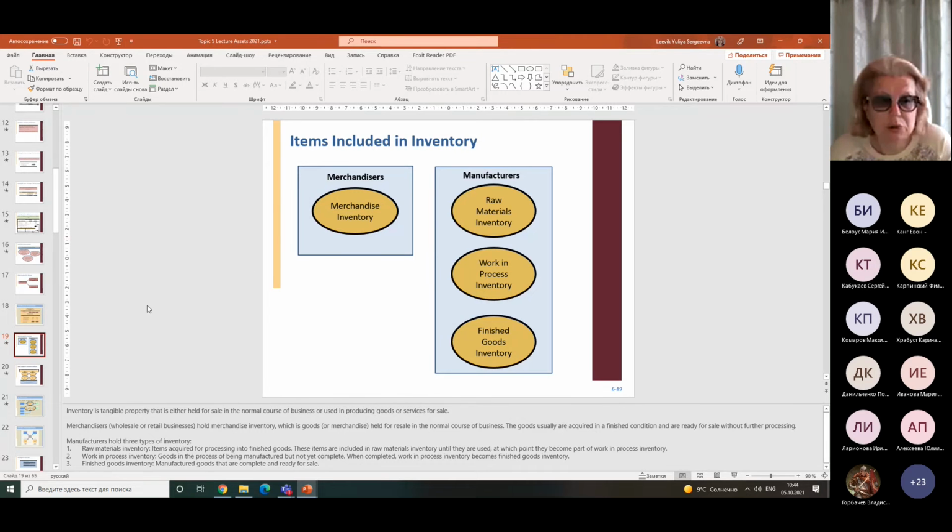If we talk about inventory, we should classify all businesses into two main categories, merchandisers and manufacturers, based on the inventory approach. For merchandising companies, we use the merchandise inventory account. For manufacturing companies, we should identify raw materials inventory, work in progress inventory, and finished goods inventory.